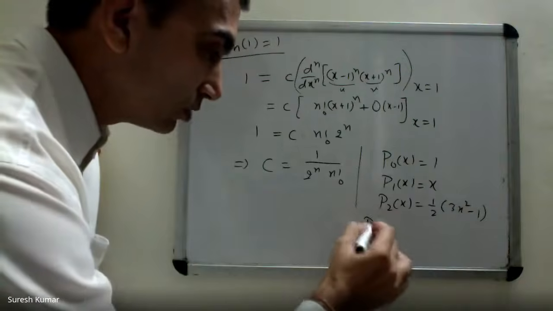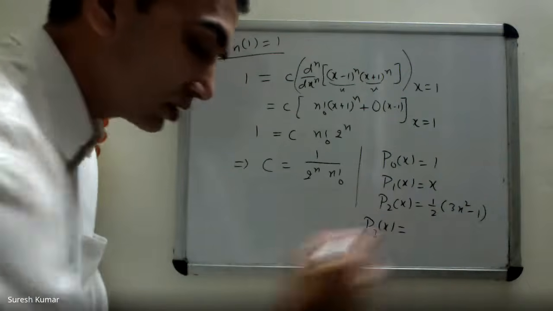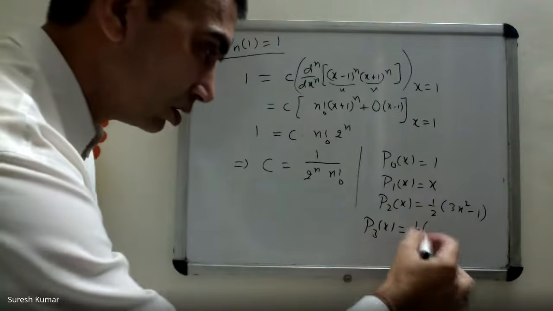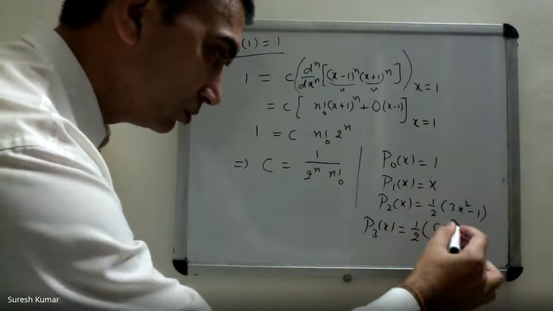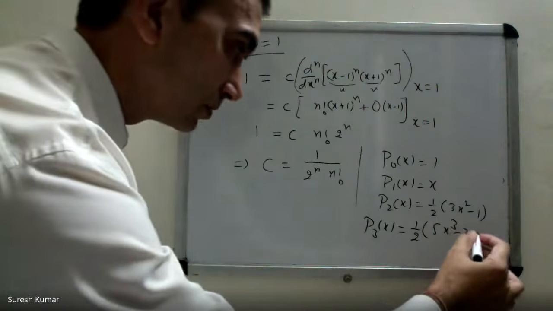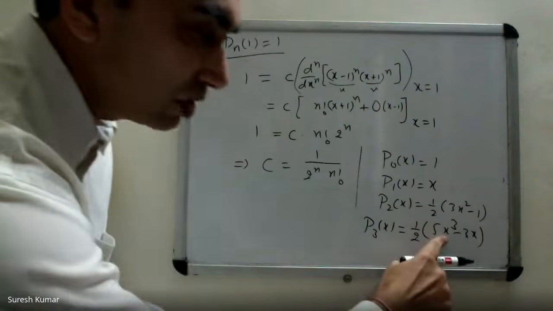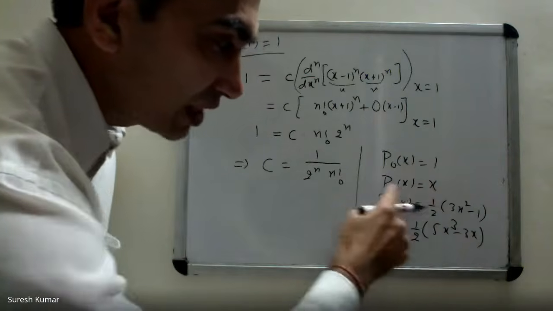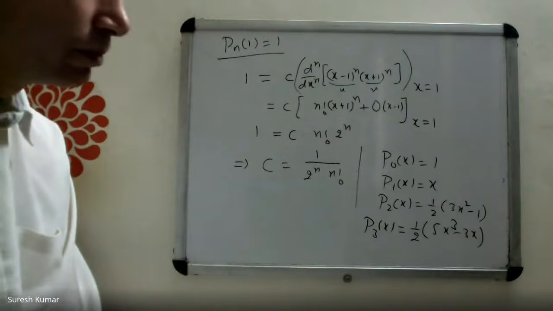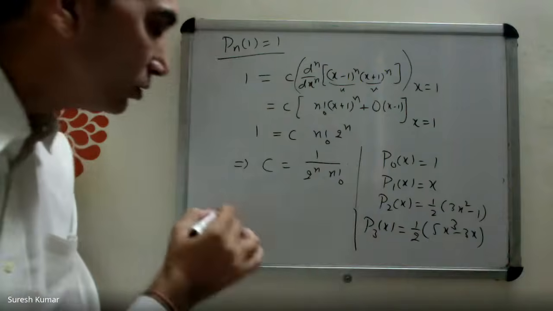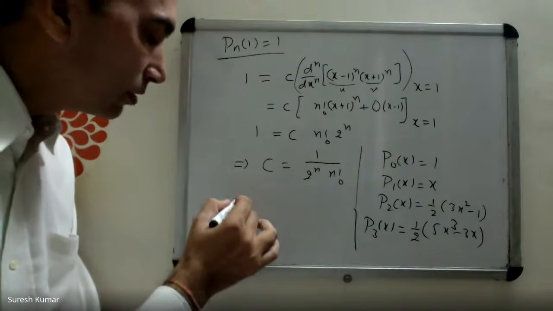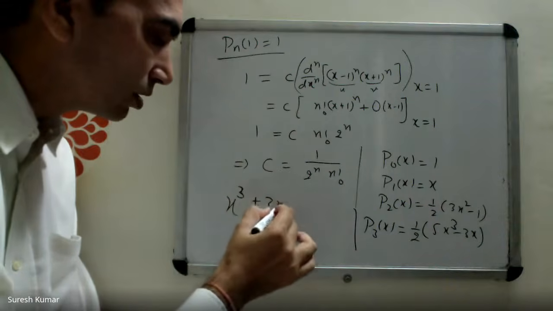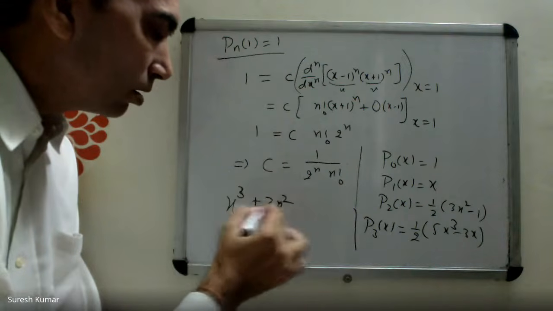Let me write P3(x) also. P3(x) is 1 by 2 times (5x cube minus 3x). So from this x cube will be in terms of P3(x) and x you can again replace in terms of P1. What I'm trying to tell you, any polynomial, whatever degree, suppose you have x cube plus 3x square plus 1.